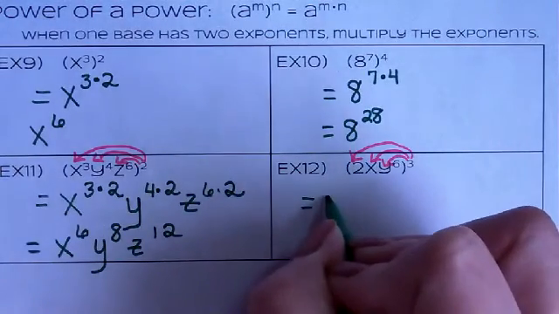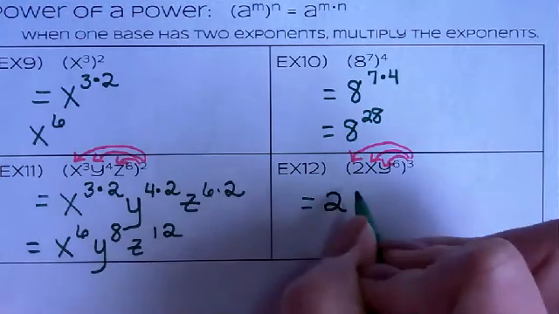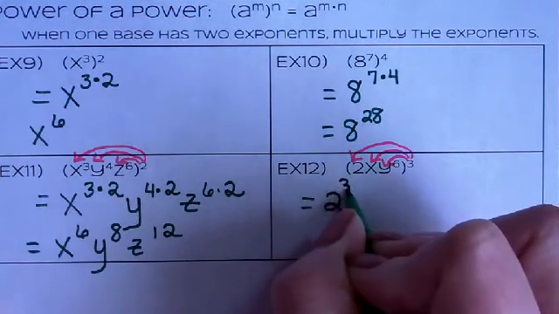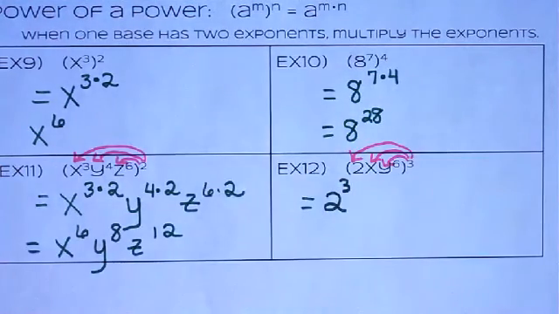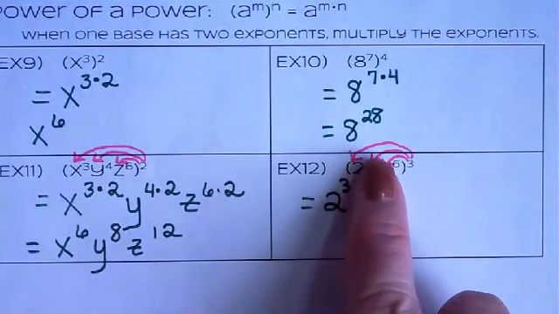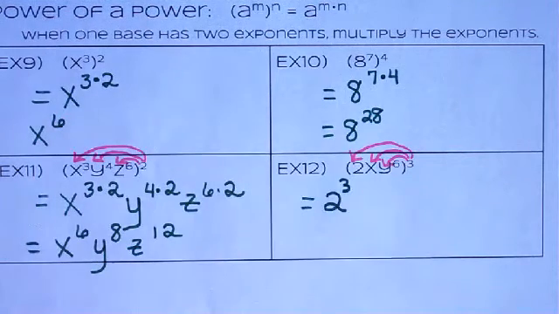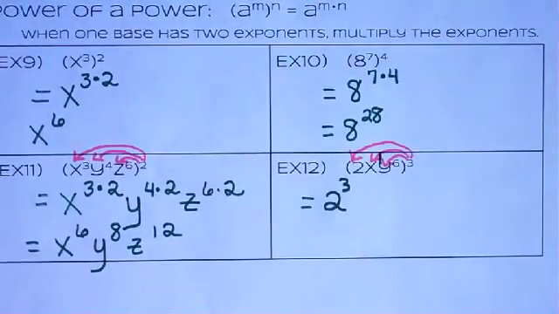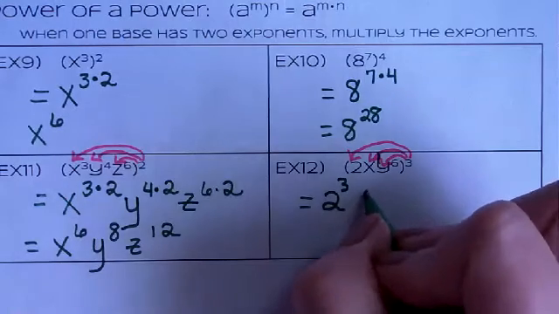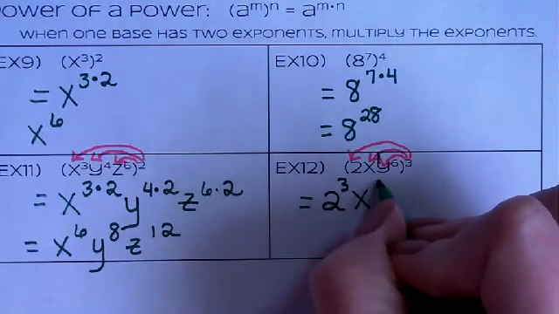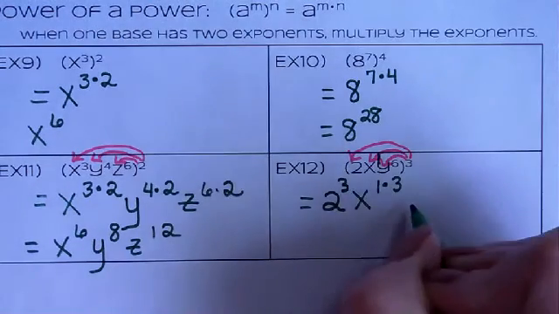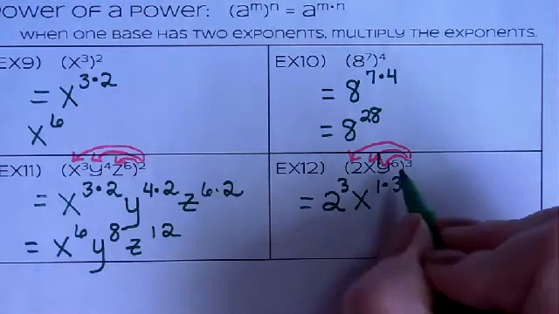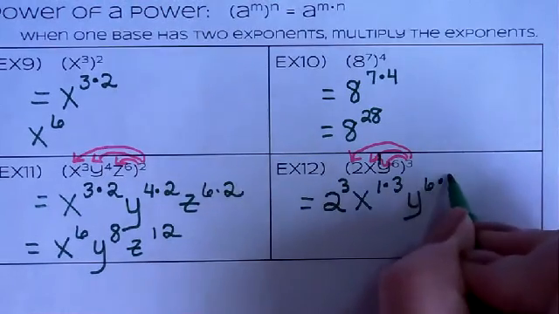My 2 right here is actually 2 to the 3rd power, because if I ignore the x and the y, that's really what I've got, just 2 to the 3rd power. Now my x right here has a 1 exponent, because remember, we don't see an exponent right there. So we've got x, and then 1 times 3. Then on the y, same thing we did before, 6 times 3.